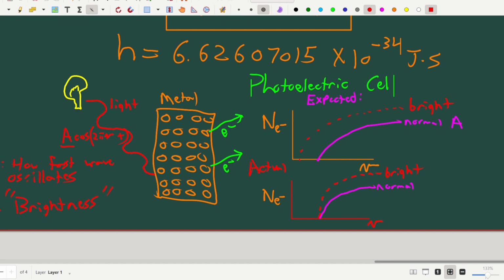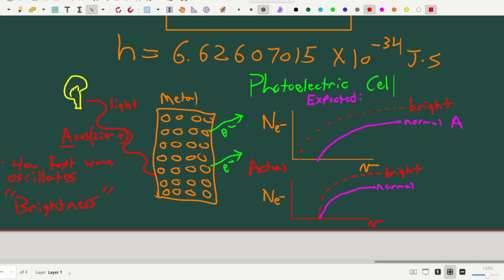All right, so the expected result, with what we understand about light in a classical way in physics class, is that the brighter the light, the more energy it provides. But in fact, what we see is that the only thing it does is increase the amount of electrons that come out, but ultimately what determines the critical energy for electrons to start being released is the frequency that you choose, and it never changes.